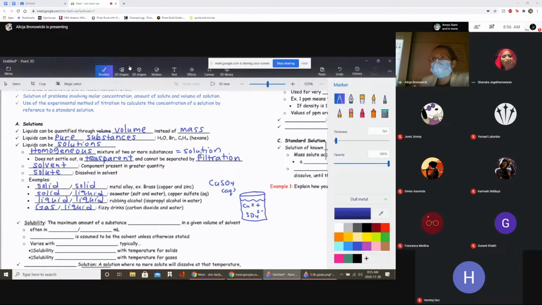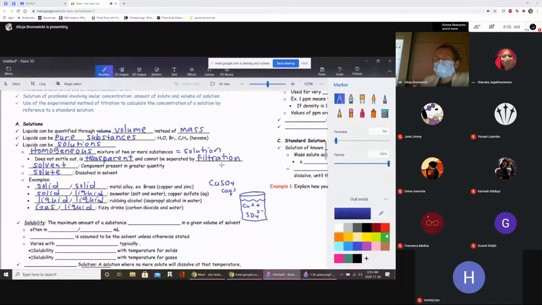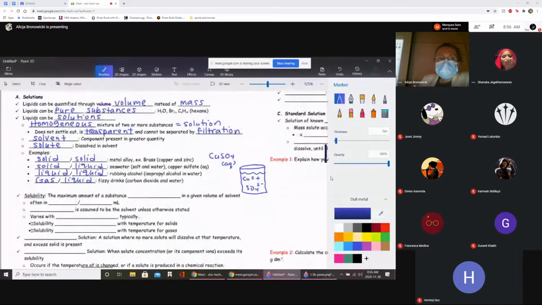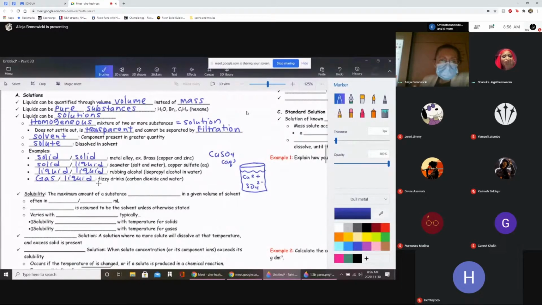Okay, so we talked a little bit about solubility already, and we talked about will something be able to dissolve or not. So you do have these solubility guidelines. IB doesn't ask you too much about the solubility guidelines, but I do think it's good for you to be aware that something like that exists. So for solubility, that's a number, it's a measurement.